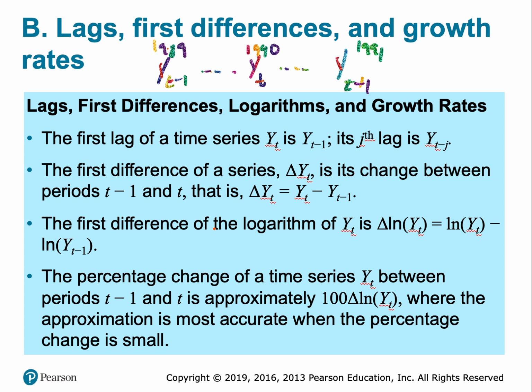And this gives us the approximation to the percentage change. The percentage change of a time series yt between periods t minus 1 and t is approximately 100 times delta natural log of yt, where the approximation is most accurate when the percentage change is small. When the percentage change gets big, then the approximation is not very good anymore.